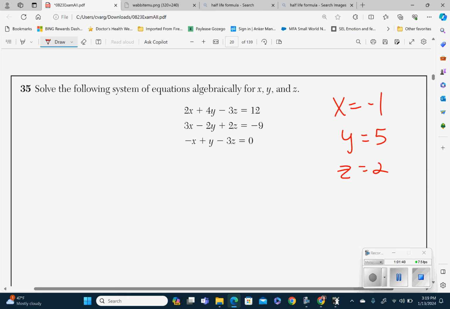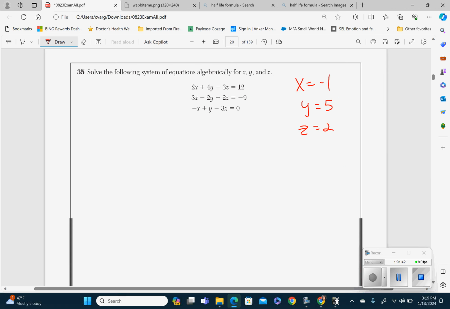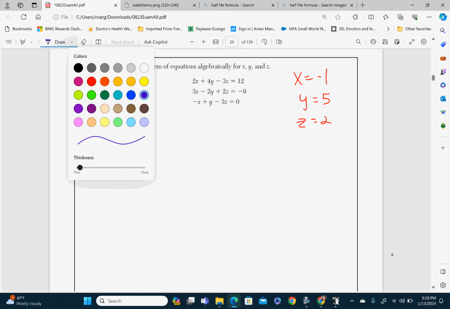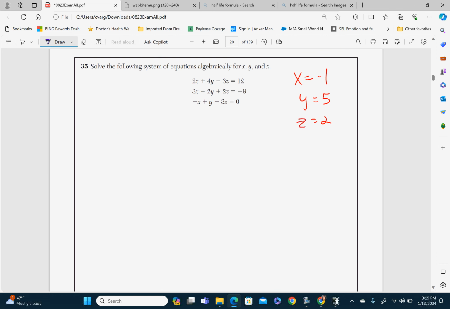Every point counts, okay? How do you do this algebraically for the full 4 points? So this is how you do it. I'm going to do this as slow or as quick as possible, all right? So the first thing I want to do is get rid of one of our variables, either x, y, or z. So I'm going to start with these two right here. Right now, if I add anything, nothing cancels out, so that's not really helpful.